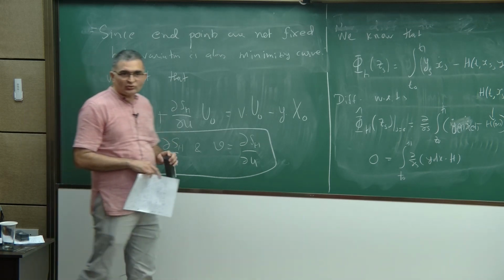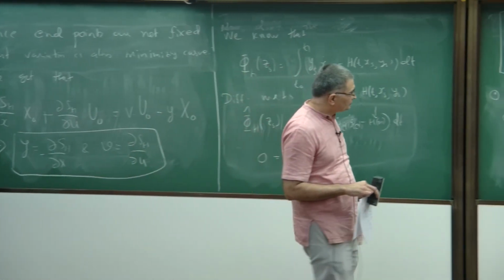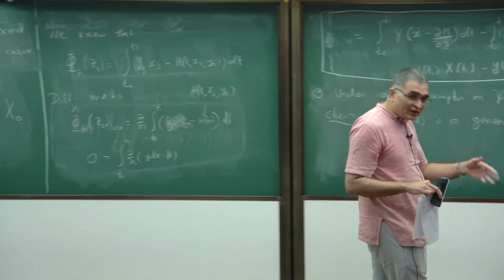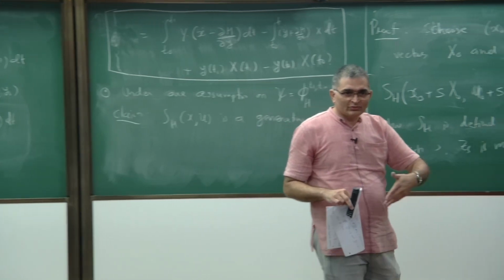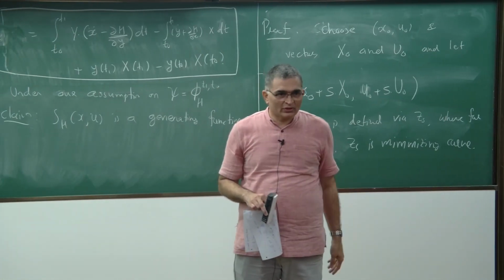So, this way it shows that the generating function can be explicitly obtained once you have this solution for the Hamiltonian equation.